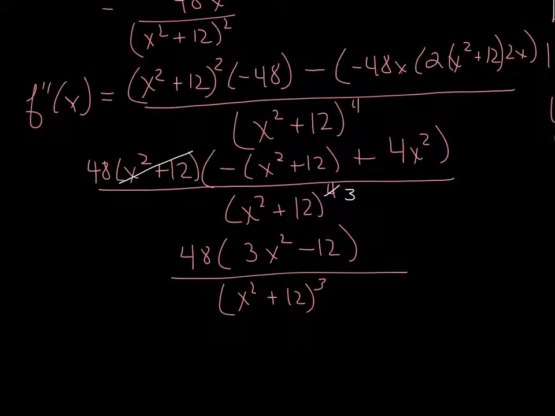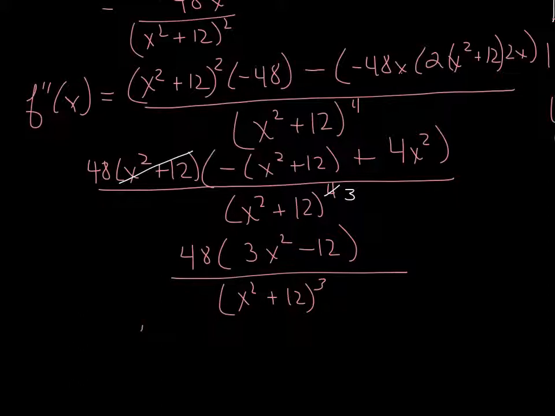Right. Now, the places where we need to check our intervals. So I'm going to see where the second derivative is equal to 0. To figure out where the second derivative equals 0, or does not exist, but there's no cases where it doesn't exist, we set the numerator equal to 0 and solve. So I don't have to worry about the 48.